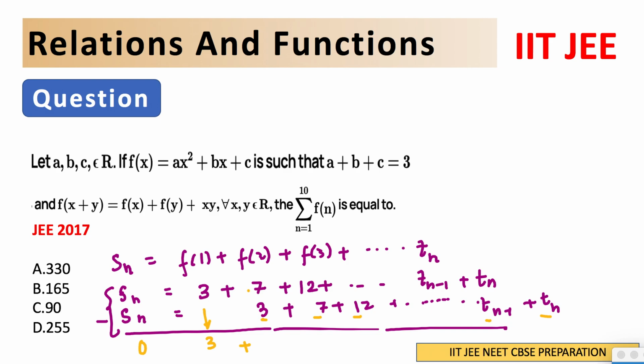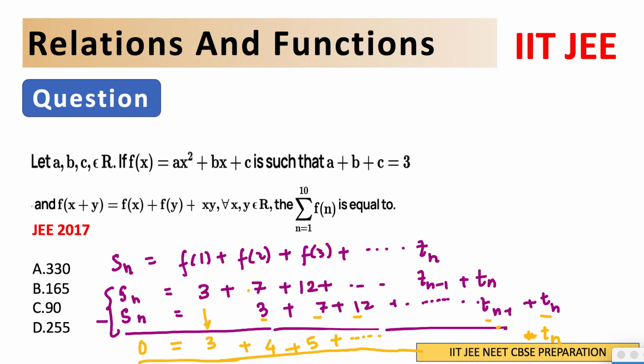So 7 minus 3 will become 4, 12 minus 7 will become 5, and so on. Ultimately you will have Tn minus 1, and in the end you will have minus of Tn, right? So now this is the final expression that we are getting, and this is equal to 0, correct?